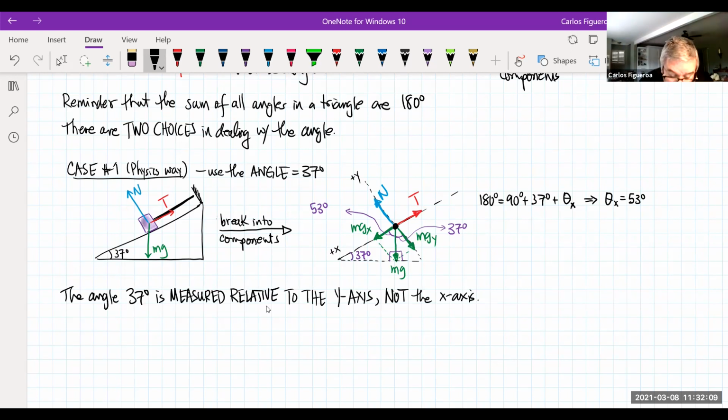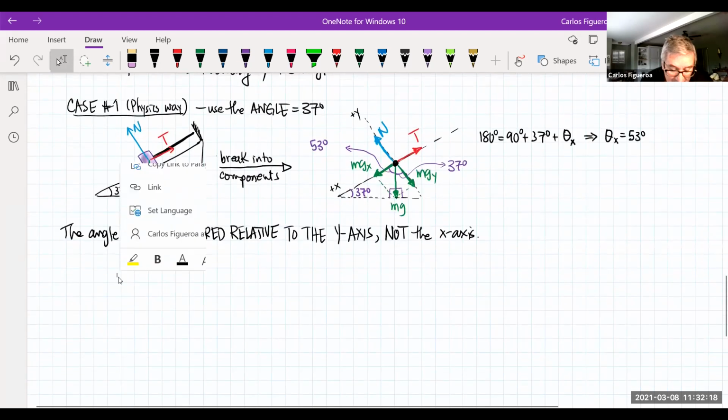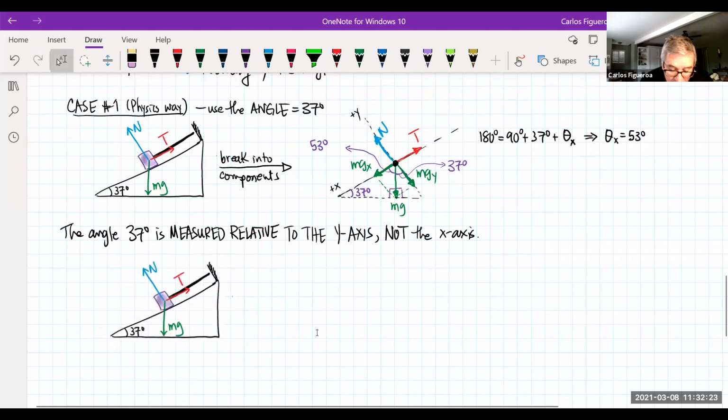So when I look at my triangle, this is the way physics does it. They're going to take this picture right here, and I'm going to bring it down and paste this guy in here. This is what they write.